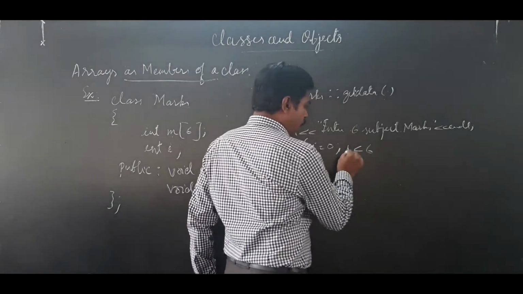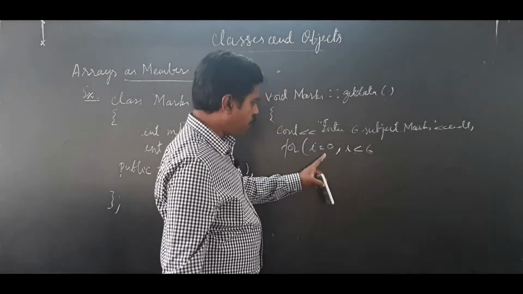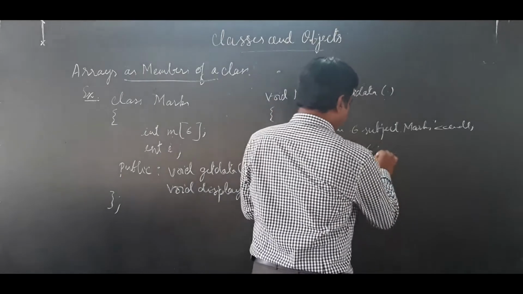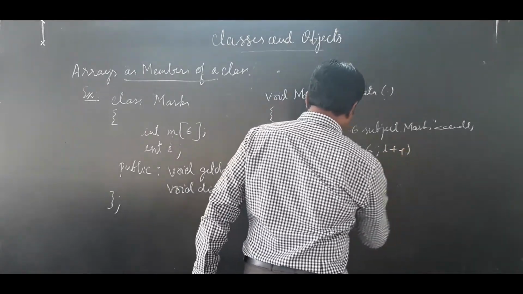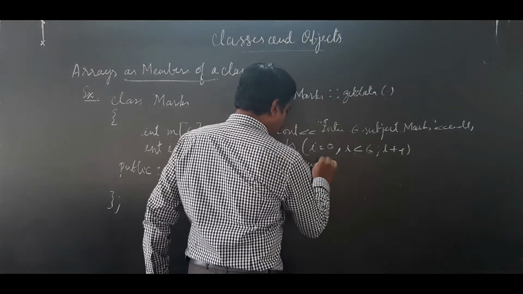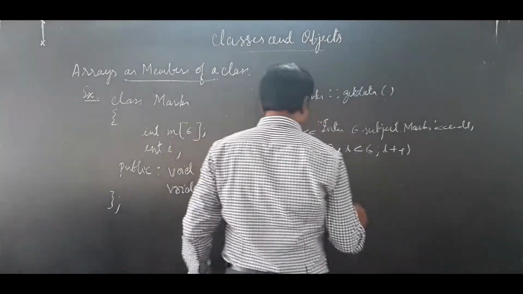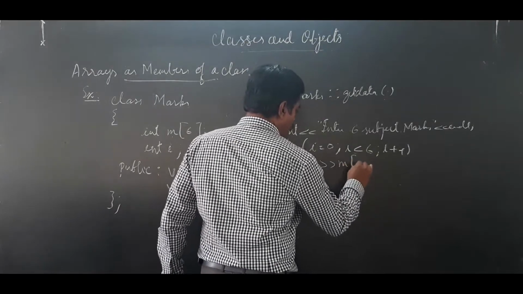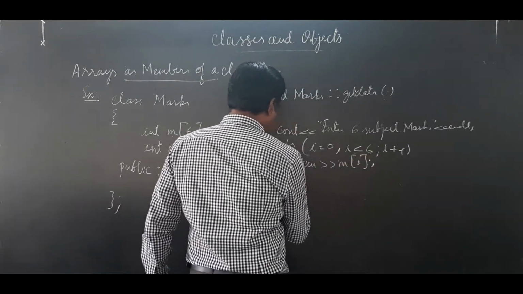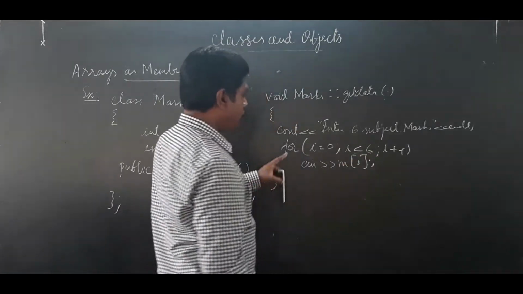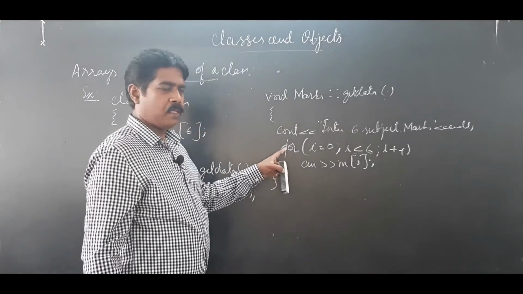So I am going to say i less than 6, starting from 0 being the index. Then i plus plus. After that, I take cin. The array name is m, and here I'm going to say m of i. So this is about taking the input, 6 subject marks.